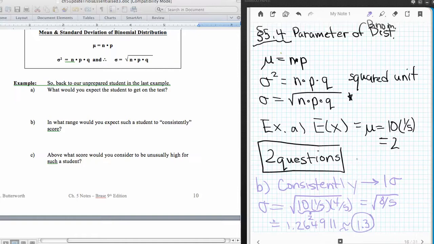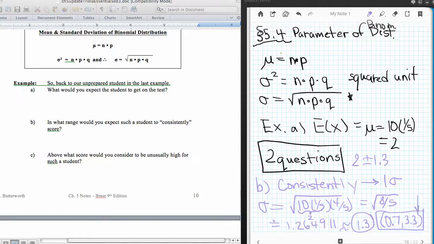So consistently would be our mean 2 plus or minus this 1.3. And so this would be 2 plus this to 2 minus this. So in the range of 2 minus 1.3, which is 0.7, and I'm using interval notation to note this, of a range of 0.7 to 3.5.